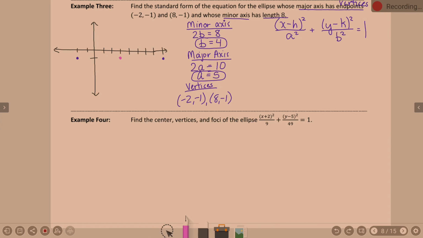Okay. So that is my center. My center is at the point 3, -1. And if I know 3 and -1, those are what letters in my equation? H and K.